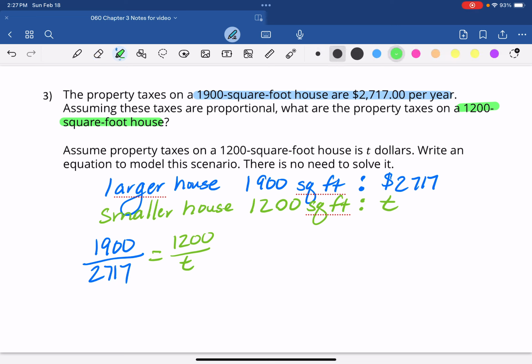Let's go ahead and solve this one. This is going to give us a fairly large number.